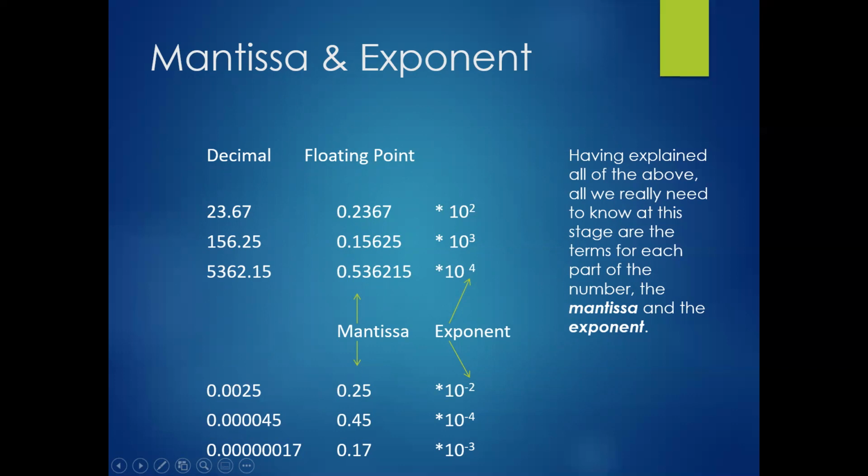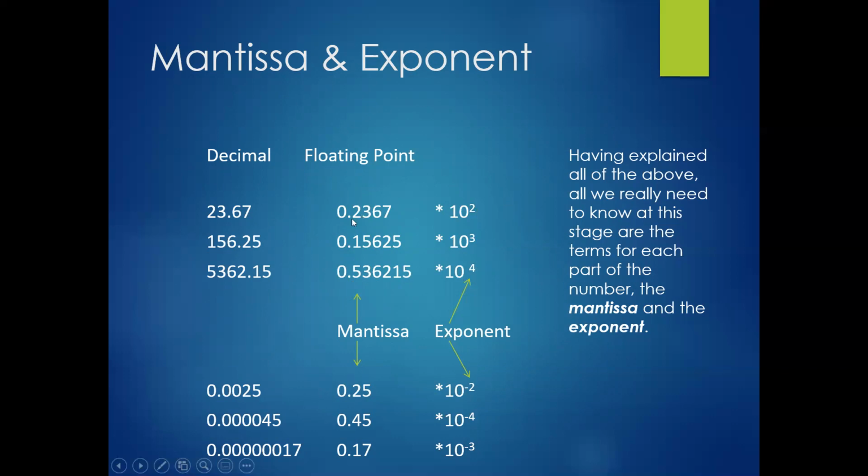Having explained all of that, actually what we really need to know at this stage are these two terms, the mantissa and the exponent. The mantissa refers to this part of the number, the magnitude of the number, the actual digits, and the exponent refers to the power. Now, examiners get quite funny about this. It is just the power that it's raised to. The exponent is the 2, the 3, the 4, the minus 2 here, the minus 4 here, and the minus 3 here, not the base, which is base 10.